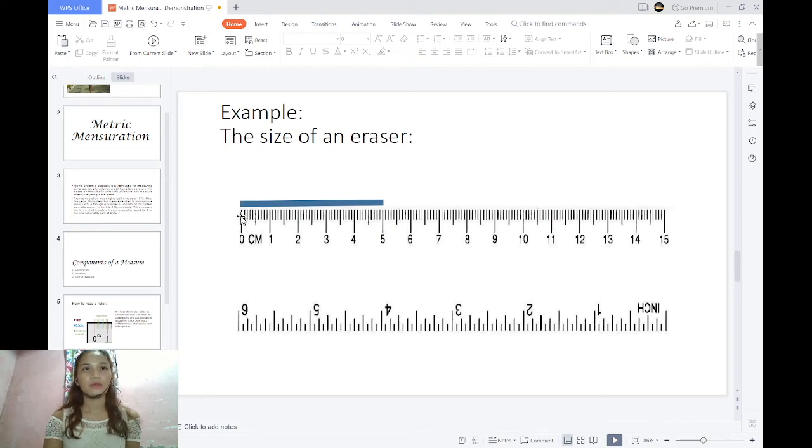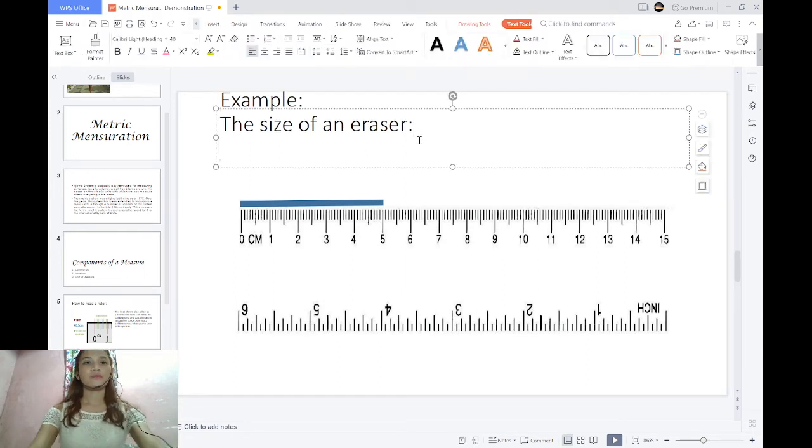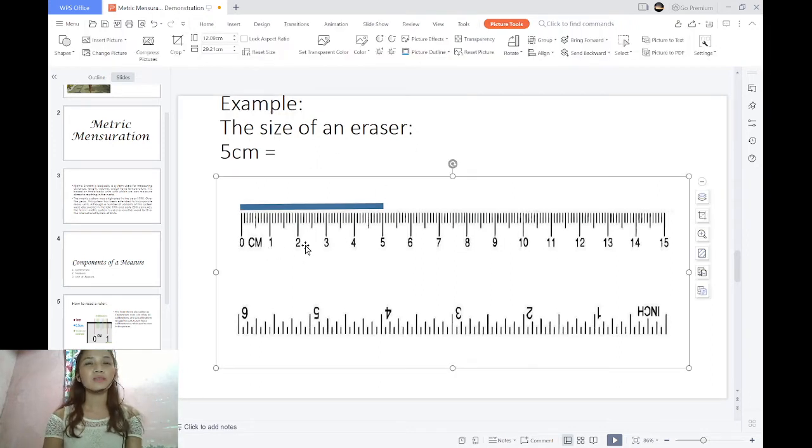Let's start from centimeters first. 1, 2, 3, 4, 5. So, 5 centimeters. How many millimeters does the eraser have?